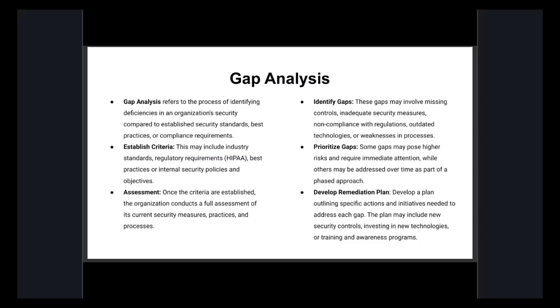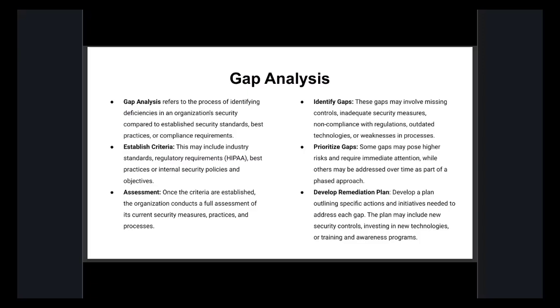A common way that we can establish a criteria is HIPAA. HIPAA is a set of rules and regulations that govern the way that we handle our users' healthcare and health data.